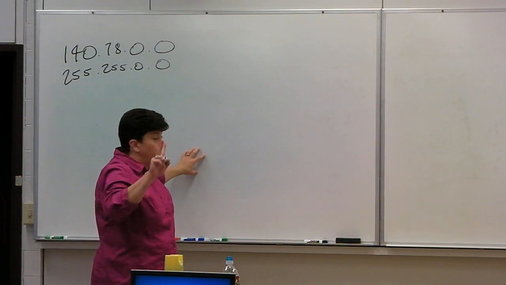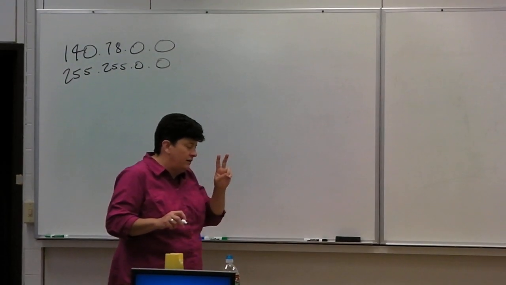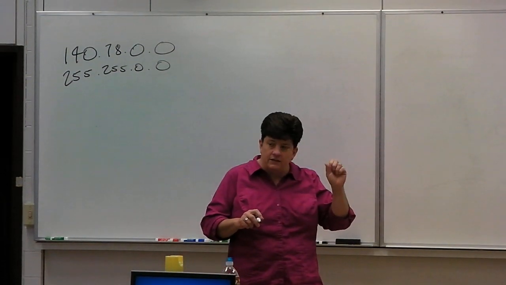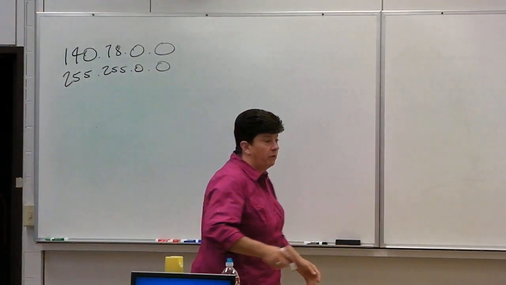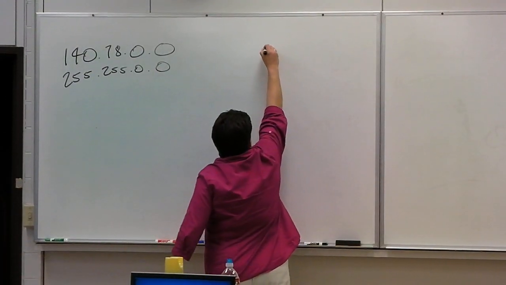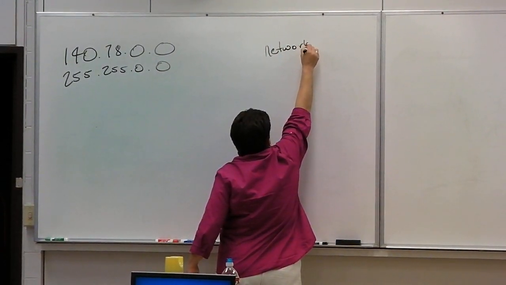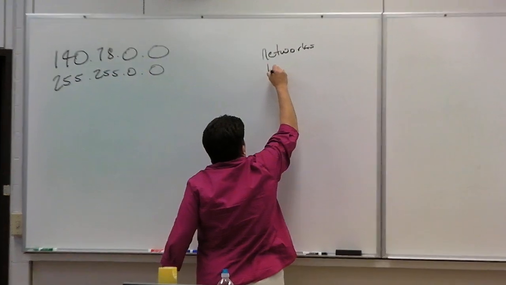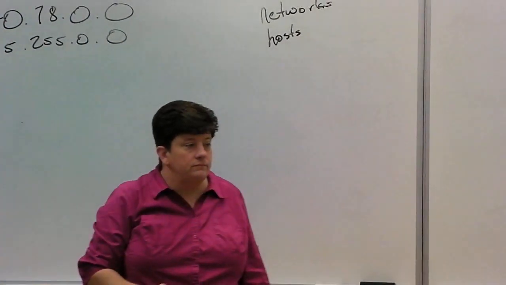There are only two approaches to this. What are the two pieces of my IP address? What can I identify? That's the only two approaches you have. So I'm either going to tell you how many networks to create or how many hosts I want. That's all I can ask you for.